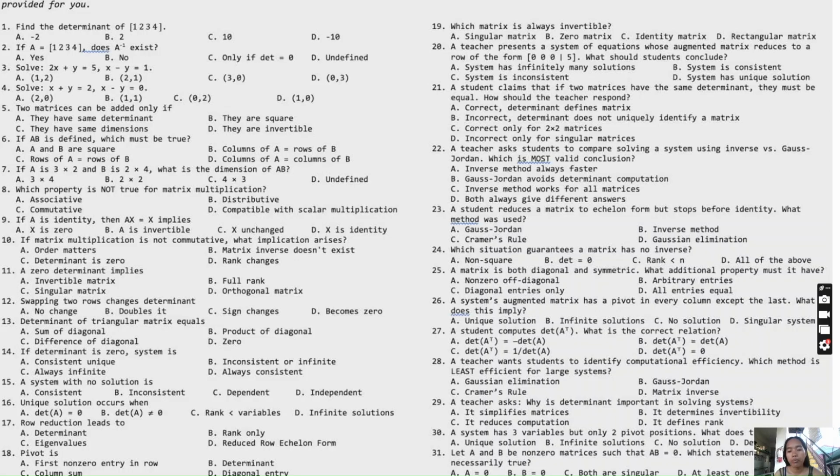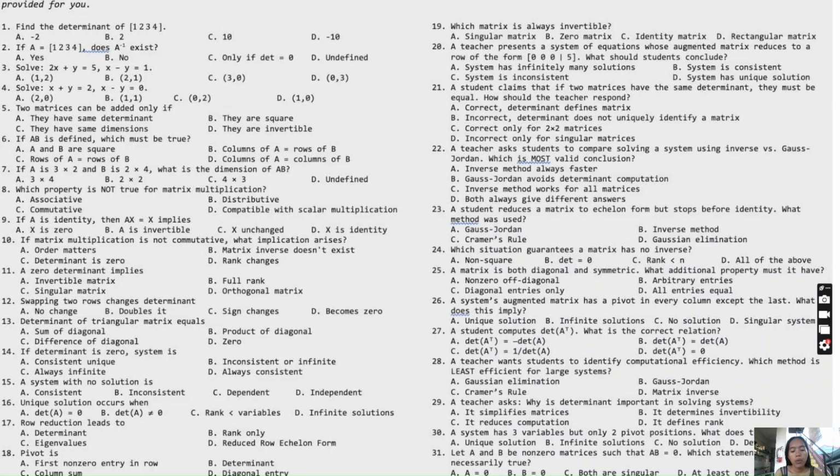Number 22, a teacher asks students to compare solving a system using inverse versus Gauss-Jordan. Which is the most valid conclusion? The answer is letter B, Gauss-Jordan avoids determinant computation.